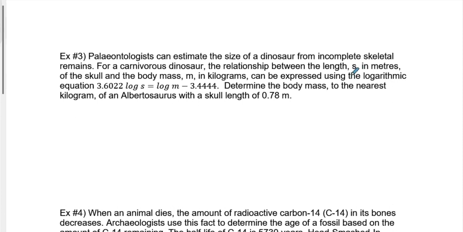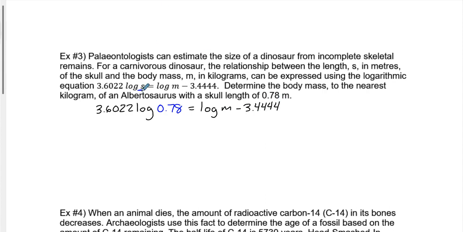So, S stands for skull length, M stands for its body mass in kilograms. If it has a skull length of 0.78, with the 3.6022, it means that 0.78 goes in for the S. Log of M, subtract 3.4444.